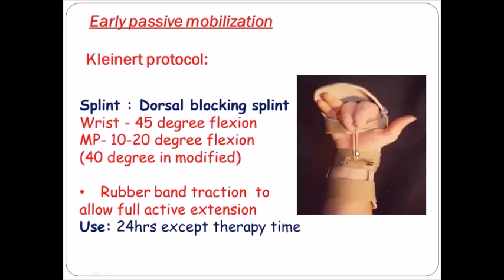Through this rubber band the patient can actively extend inside the dorsal blocking splint, and the rubber band will pull the finger passively into flexion. This is the change in the early passive mobilization protocol.